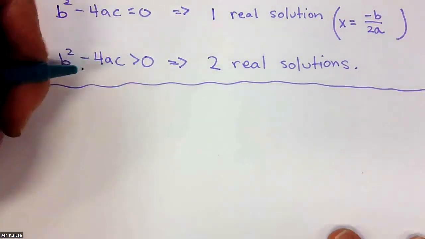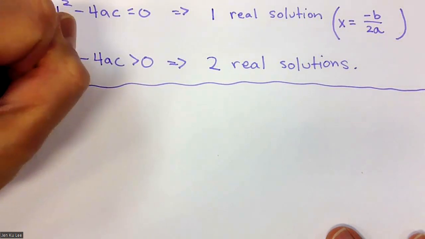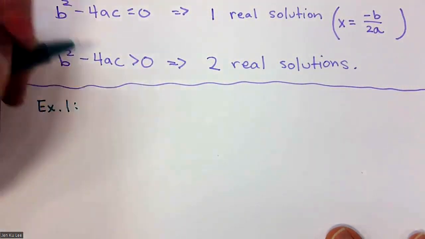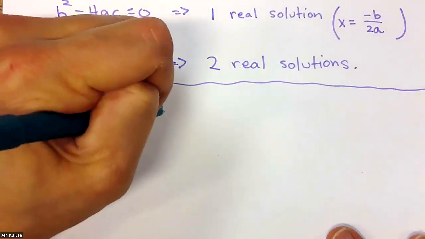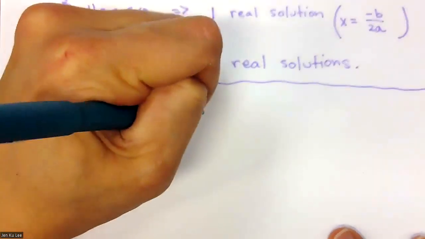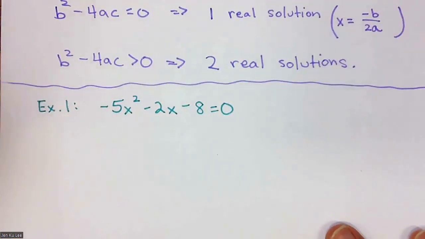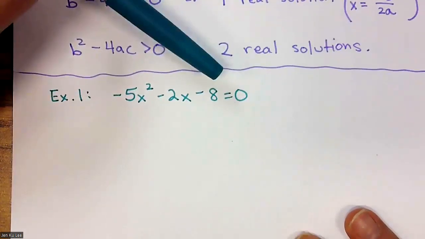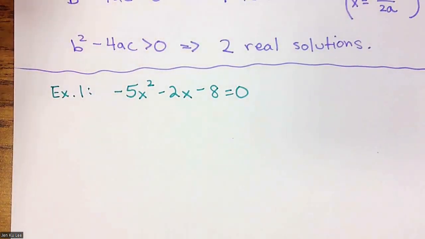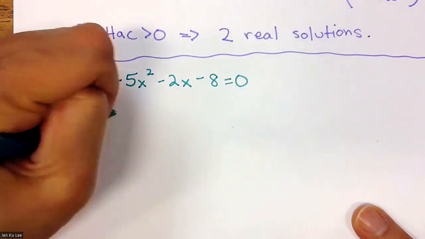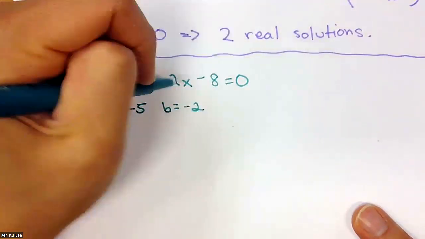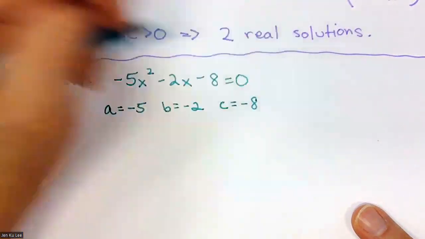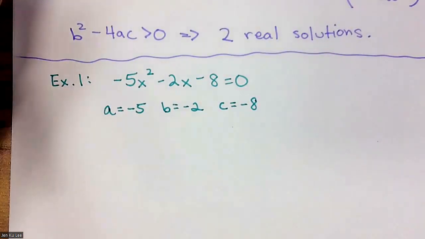So example 1 is negative 5x squared minus 2x minus 8 equals 0. When we solve this, remember the steps. We need to make one side equal to 0, which it is. My a value here is negative 5, my b value is negative 2, and my c value is negative 8.